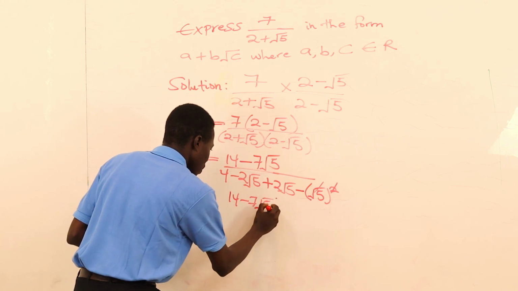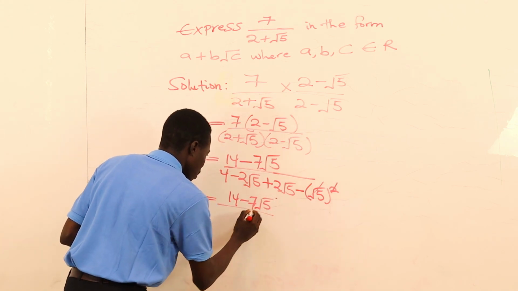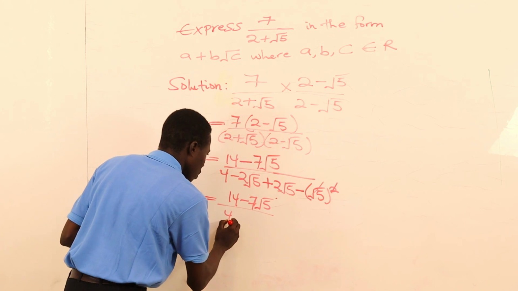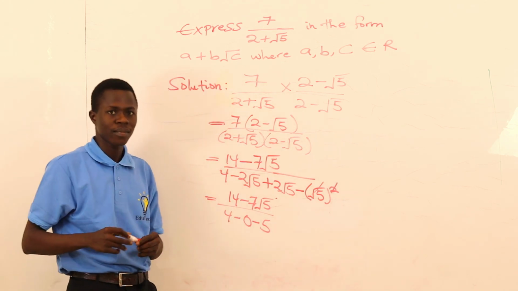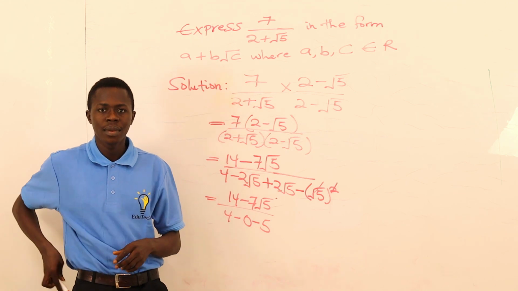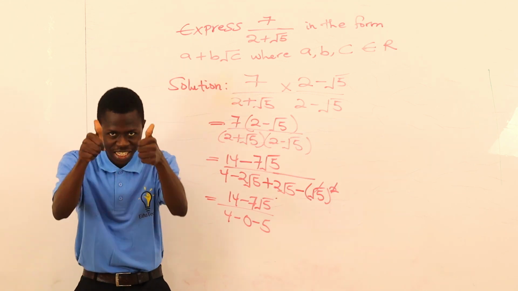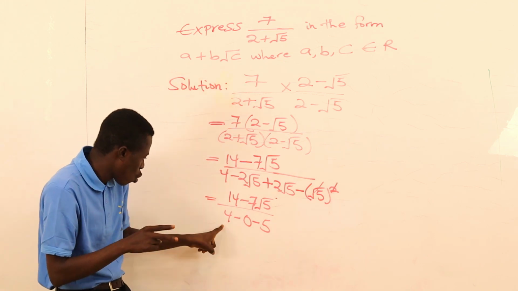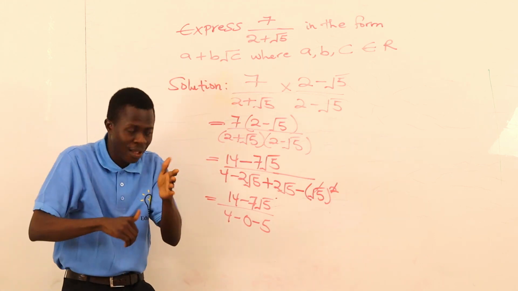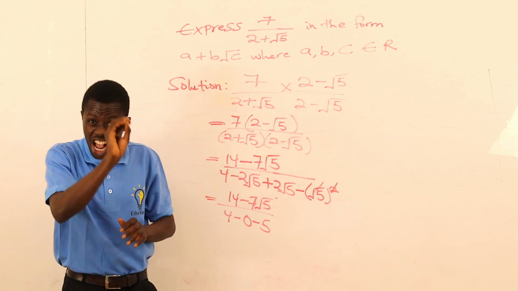Yes, the answer becomes 0. You are right. The answer becomes 0. So we are going to write 0. So we are going to end up having 14 minus square root of 5, all divided by 4 minus 0 minus 5.